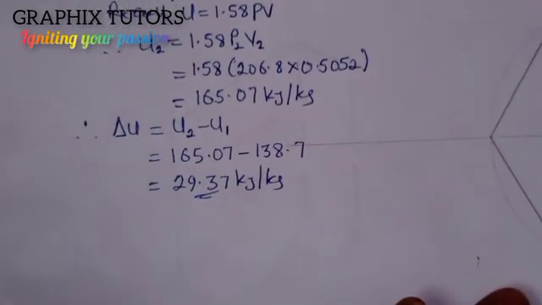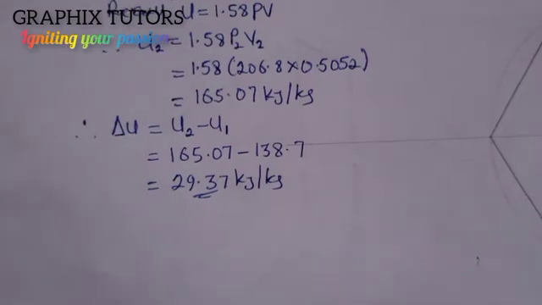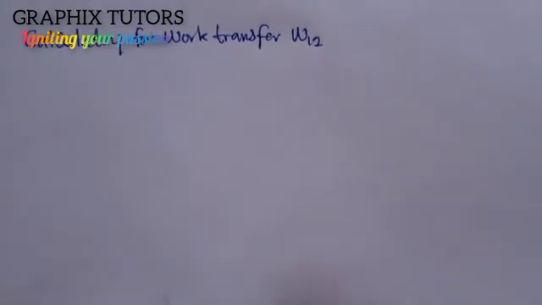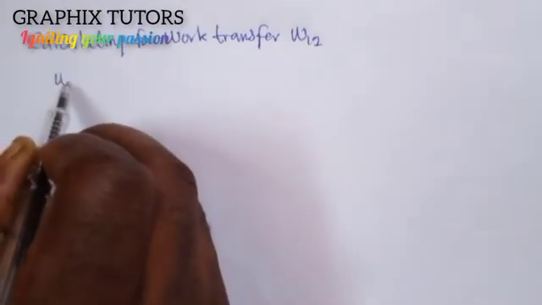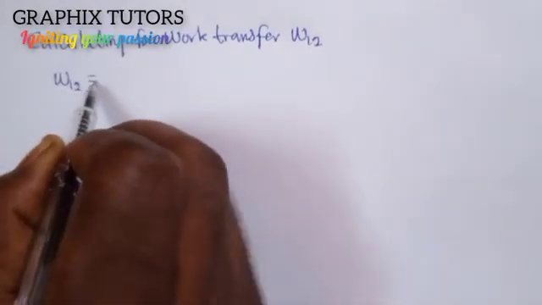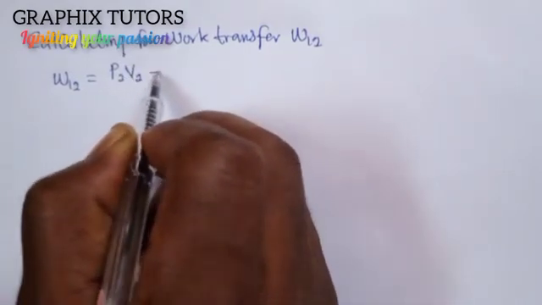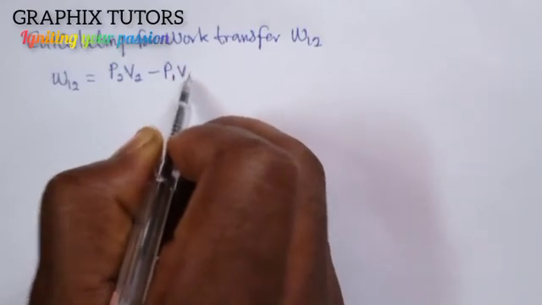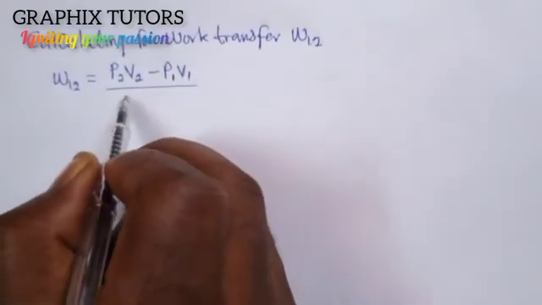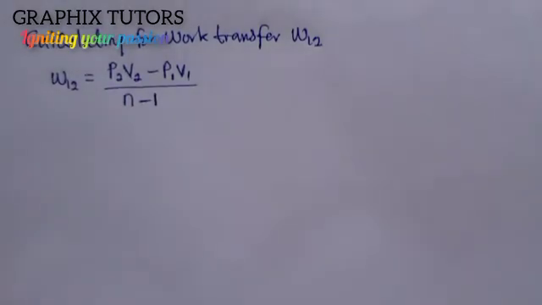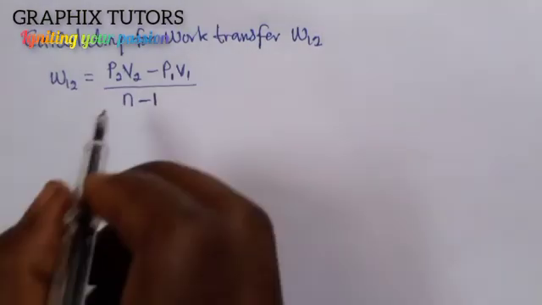We note very well that the work transfer W12 is equal to P2 V2 minus P1 V1, all divided by the polytropic index minus 1. This is the formula for the work transfer.